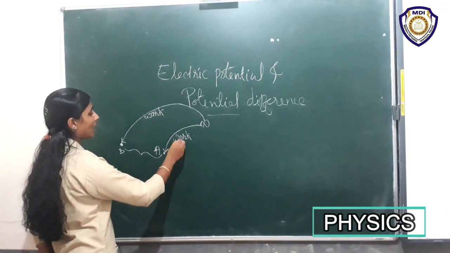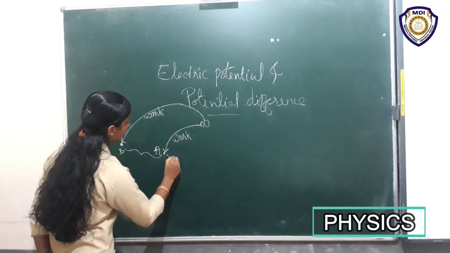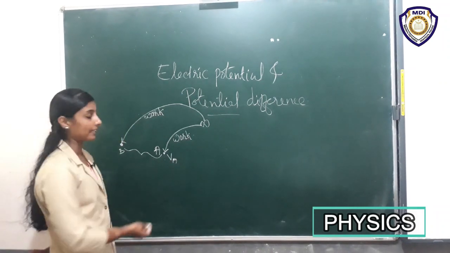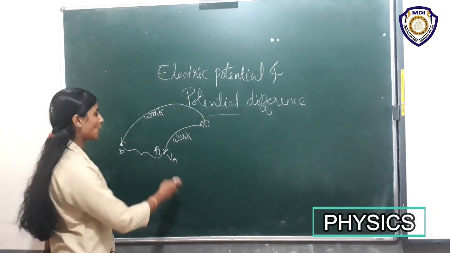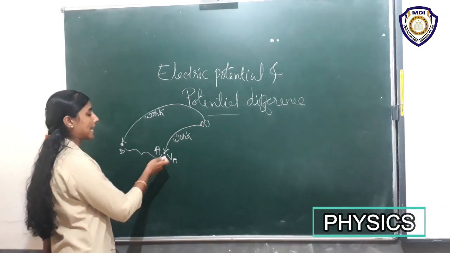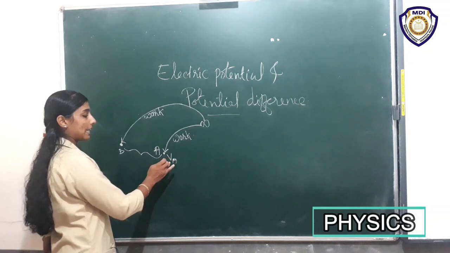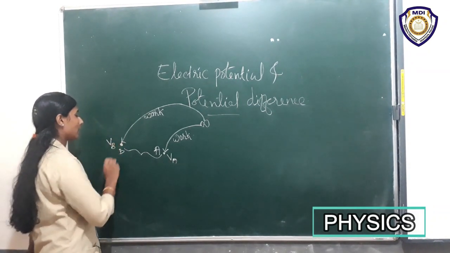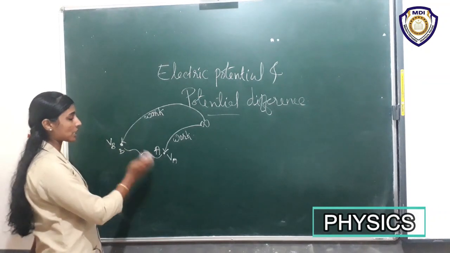Here we have electric potential VA. Electric potential is generally represented by the letter V. Okay, so electric potential at A is represented by VA and electric potential at B is VB. So what is the potential difference?